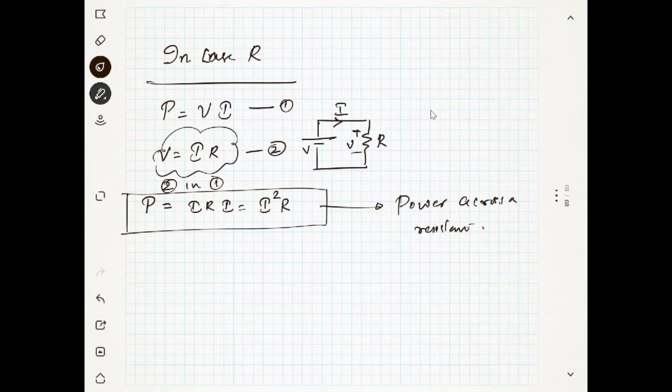Then what is the energy? Sorry, I can also write this in another way. We have the equation P equal to voltage into current.